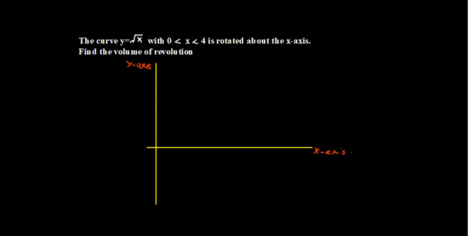So we have the function y is equal to square root of x. How does it look graphically? If we draw the graph of this function, it will look like this.